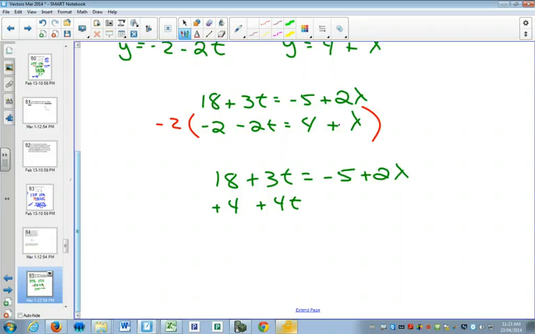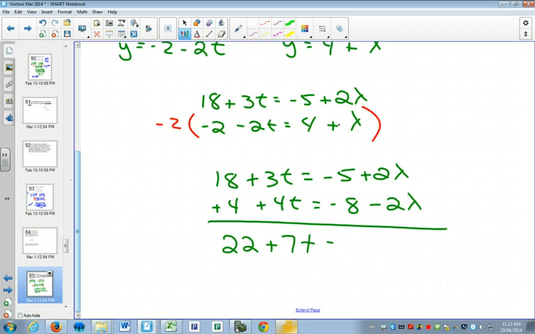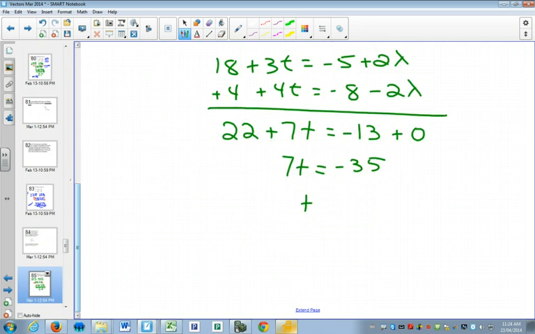I just wrote it upside down. So add them up. You get -5 for t.